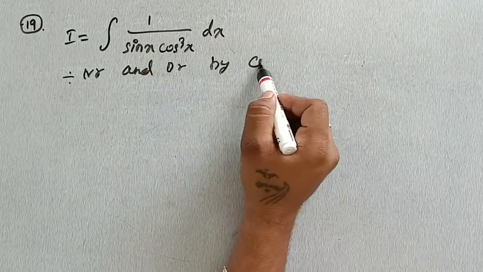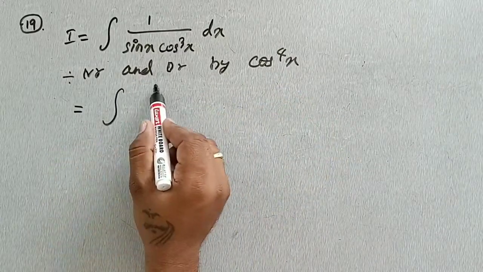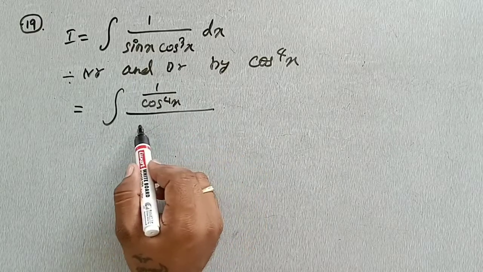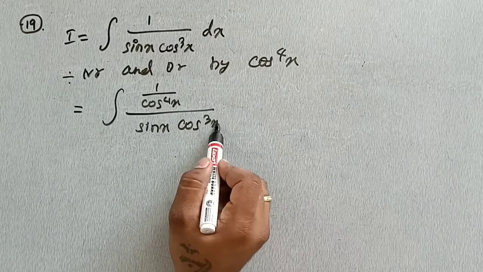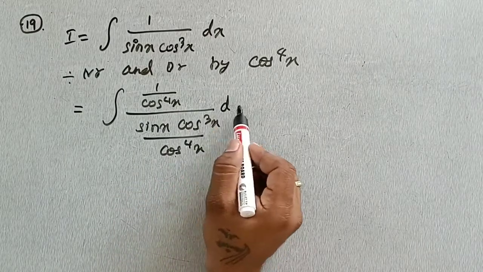by cos power 4x. So my numerator will be written as 1 by cos power 4x, whole divided by sin x into cos cube x divided by cos power 4x dx.